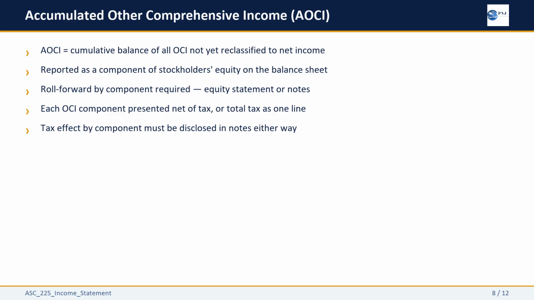For tax effects, you have a choice. Present each OCI component net of its own related tax effect, or show all OCI components gross and report one combined tax line. Either way, note disclosures must break out the tax impact by component.